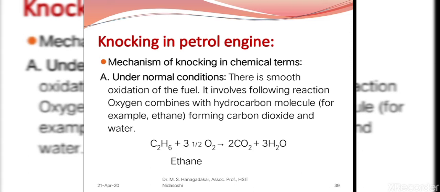So, knocking mechanism, how we can explain in terms of chemical terms. Let us discuss when the vehicle is running under normal condition. There is a smooth oxidation of the fuel. It involves the following reaction, where sufficient oxygen molecules combine with limited amount of hydrocarbon molecules, means petrol. For example, ethane, leading to formation of carbon dioxide and water with energy.